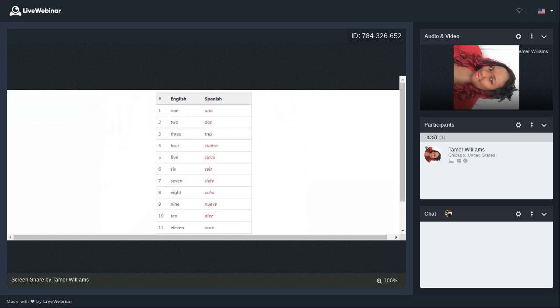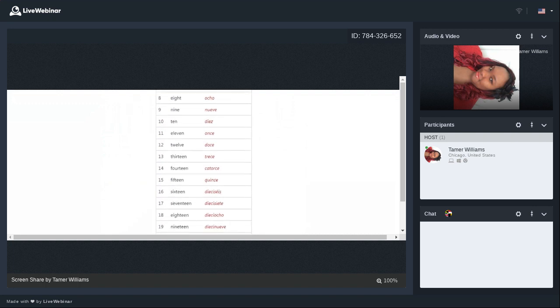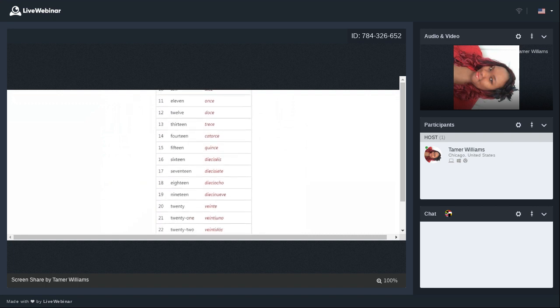However, when you do 11 through 15, it's a little bit tricky because they don't necessarily follow a pattern like the other numbers do when you get to the double digits. So let me go ahead and explain those. So I'm going to scroll down so you guys can see my screen. So here, 11 through 15, they're slightly different.